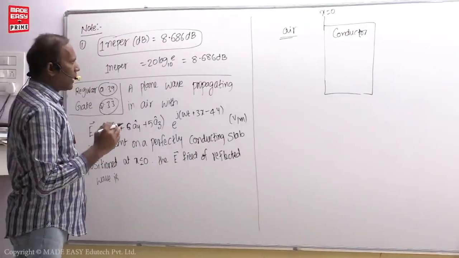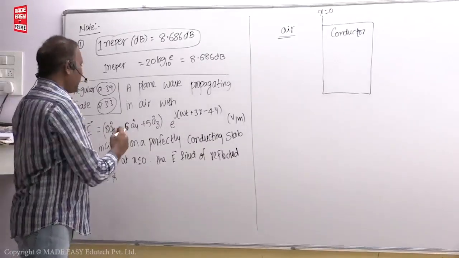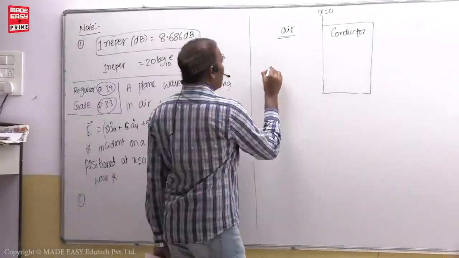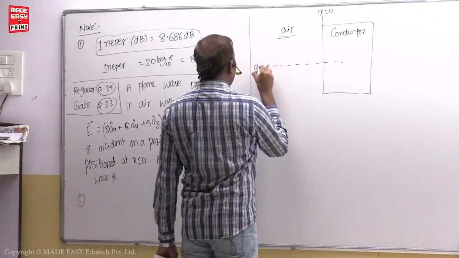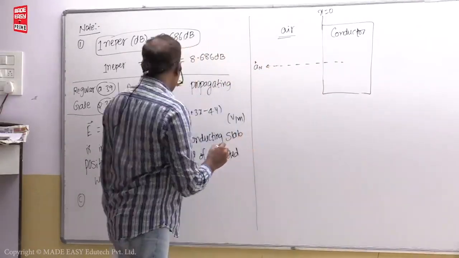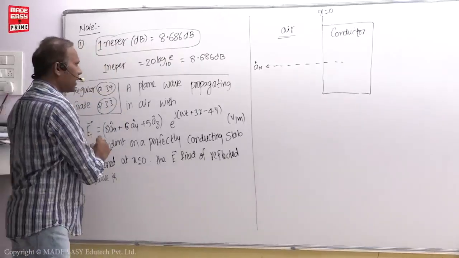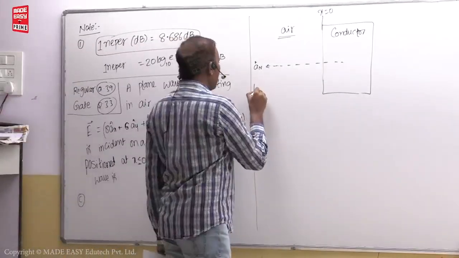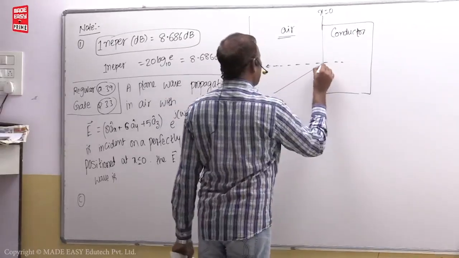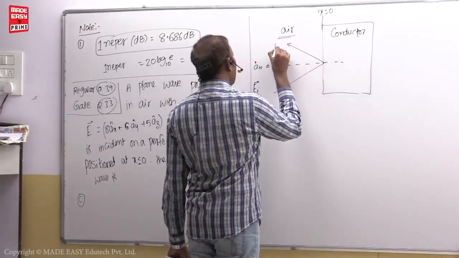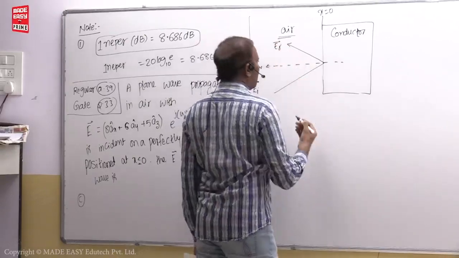Now you students should understand that, for example, here I am taking this is a-x cap. Now, the incident electric field we will call EI. If the incident electric field is hitting like this, then the reflected electric field ER comes back like this.